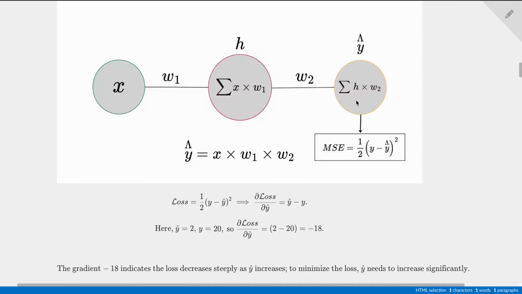That's why we're going to use the chain rule, which propagates the error back, and we're going to be able to tell both W1 and W2 by how much they should be increased. So essentially, the gradient provides a clear direction for improvement by showing how the loss changes with respect to y hat.